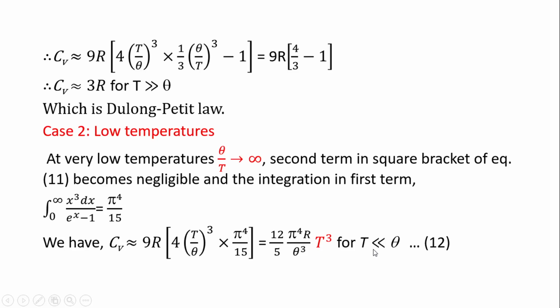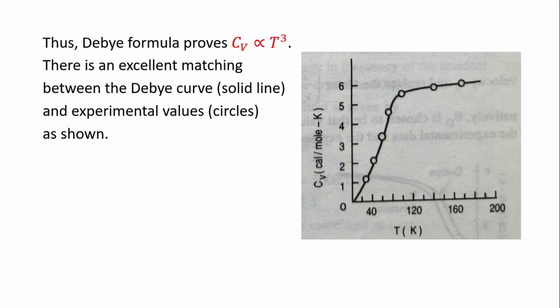So the T cube law, as we have found in the experimental testing of Einstein's formula, is proved by Debye, that according to Debye theory, Cv is proportional to T cube at low temperature. This is famous by the name Debye T cube law. And if you look at the figure here carefully, you will find that the solid curve represents the theoretical values obtained by Debye's formula, while the empty circles represent the experimental values of specific heat.